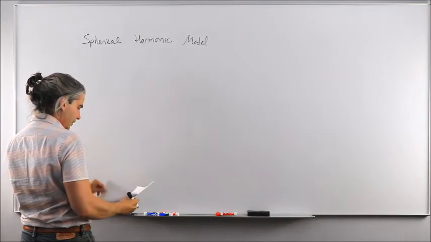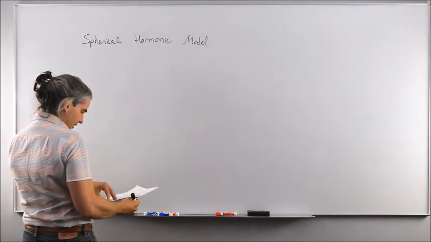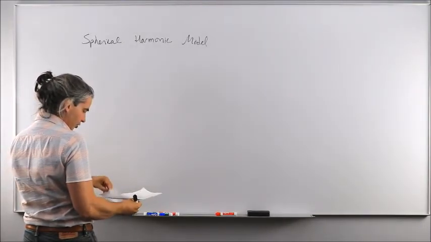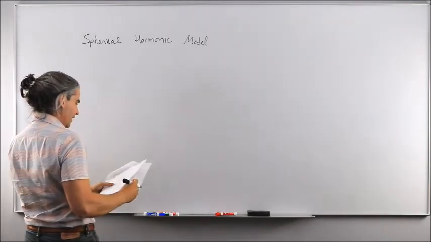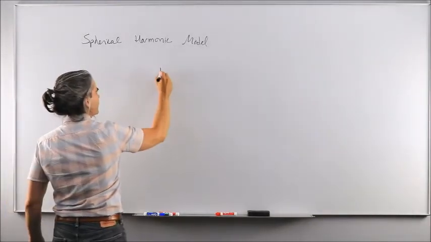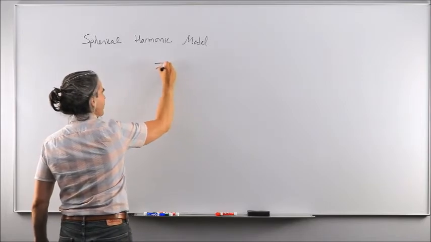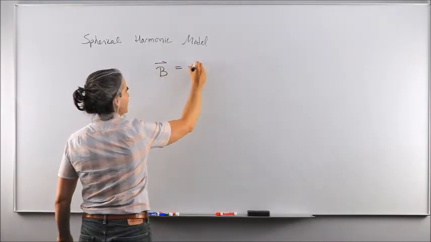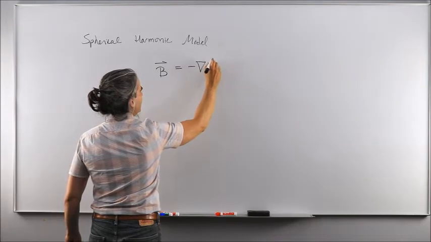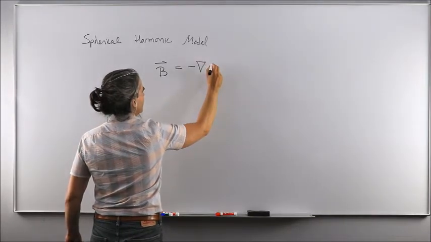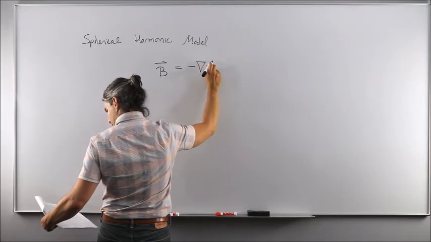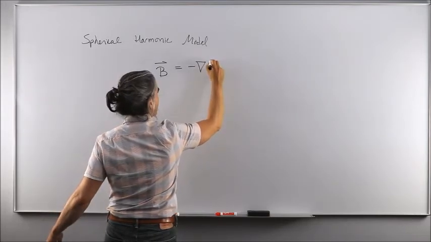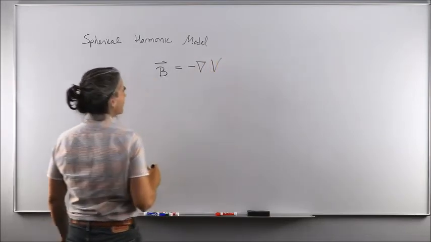And you will see some similarities between potential field in terms of spherical harmonics and magnetic field. First one is that the magnetic field vector itself is obtained as minus gradient of the magnetic potential function denoted by V here, okay?